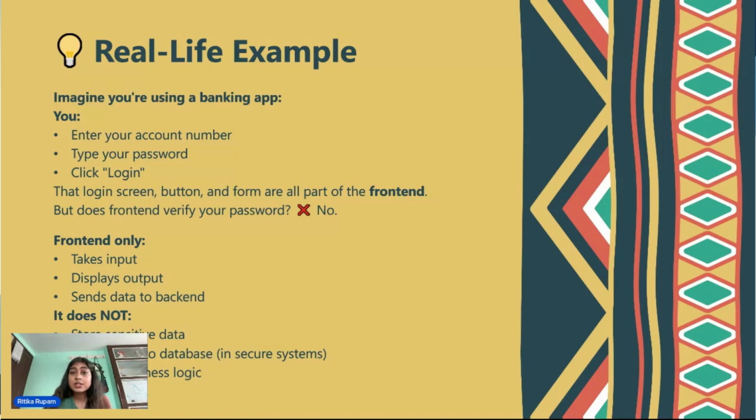But does the front end verify your password? No, it doesn't. The front end only takes the input, displays the output, and sends data back to the backend, and that's it. All other validations and processing are done by the backend. So the front end does not store sensitive data, does not directly talk to the database, and does not process any logic at all.